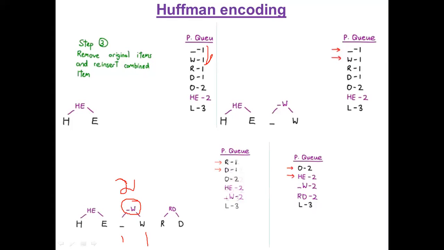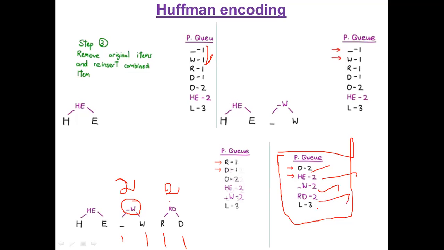The same goes for R and D, so we mention R and D here, and it becomes 2 by adding the R frequency and the D frequency. So we can see the final arrangement of the items here: O is 2, HE is 2, space and W is 2, R and D is 2, and L is 3.